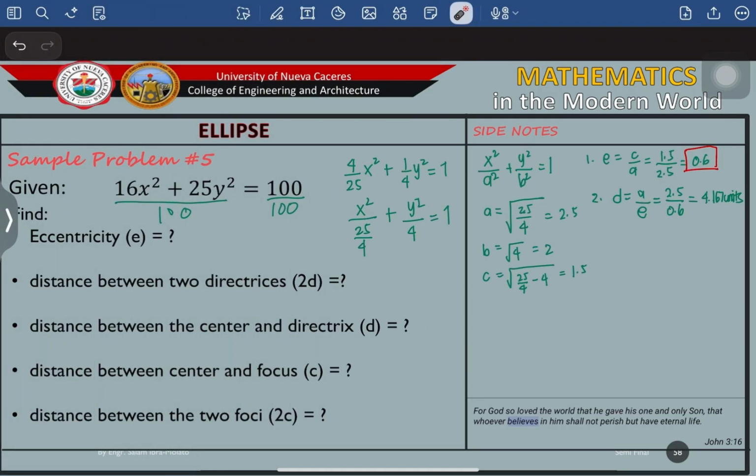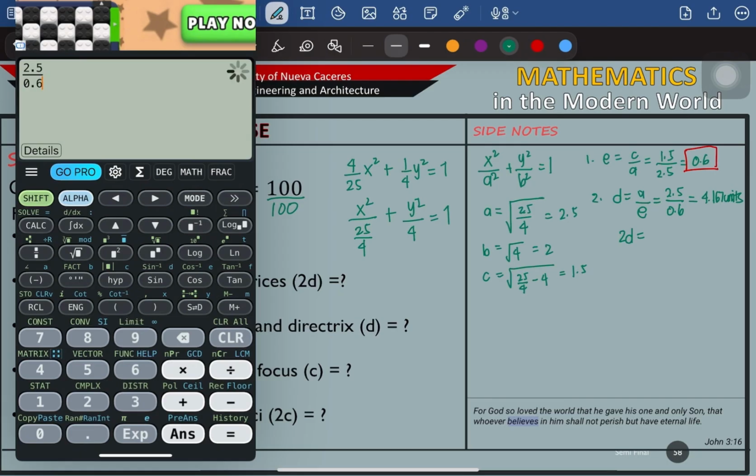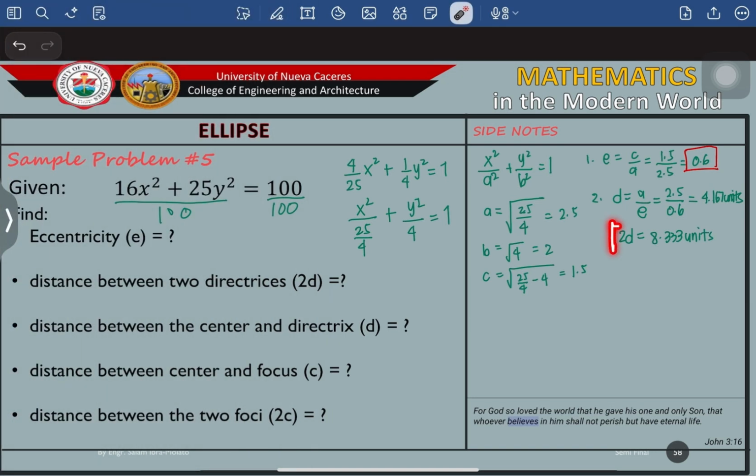So just multiply the d by 2 to get the answer for this item. So 2 times 4.167, we get 8.33 units. So this is for number 2, and this one is for number 3.